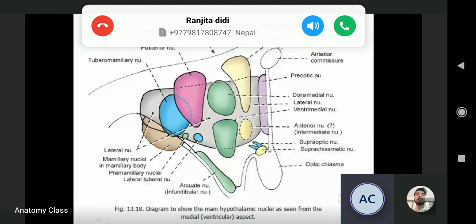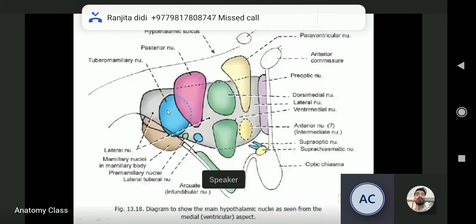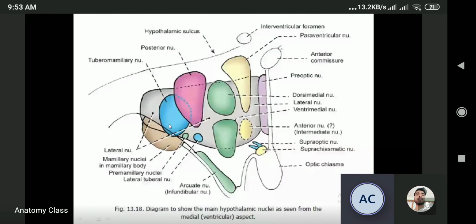The tuberal region consists of the dorsomedial, ventromedial, and arcuate nuclei. Finally, the posterior or mammillary region consists of the posterior and mammillary nuclei. In the lateral zone, the most extensive nucleus, this whole area, is the lateral nucleus. Are you people clear about the nuclei of the hypothalamus?